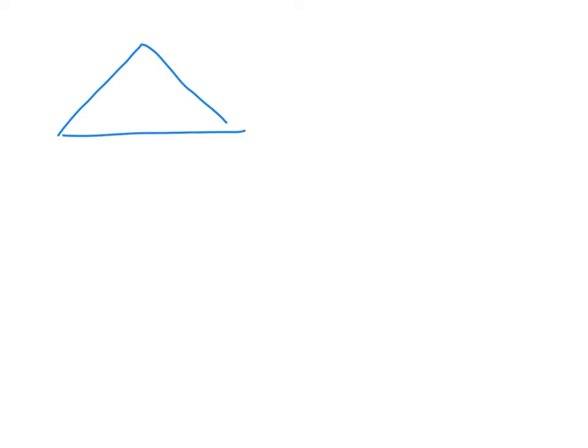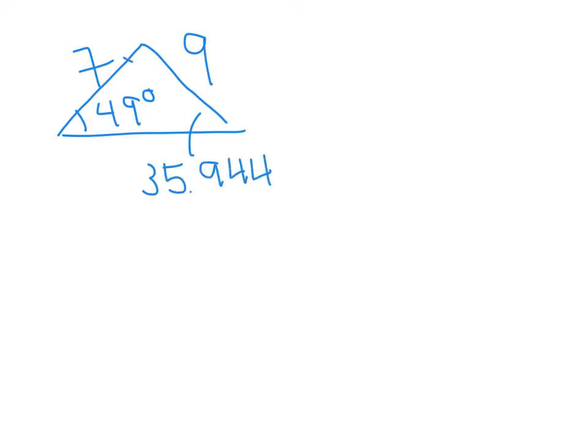So I know that this is 7, 9, this one right here is 49 degrees, this angle right here is my 35.944, and this angle right here is my 95.056.